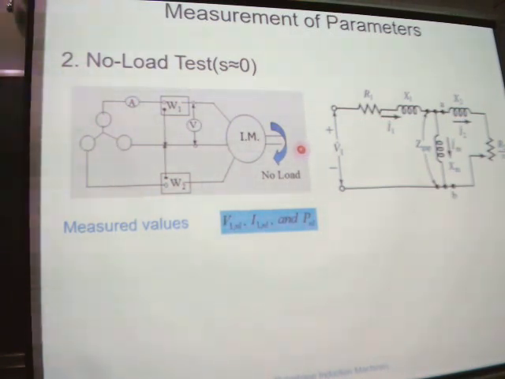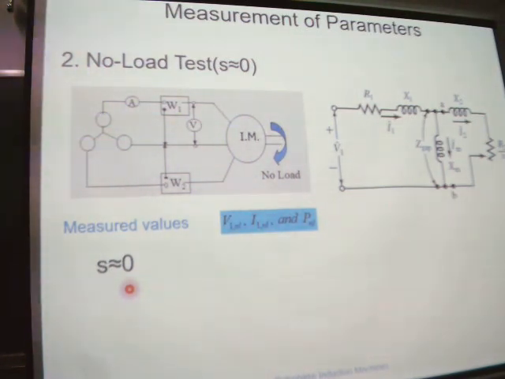The equivalent circuit at no load is given here, and this time the slip is about 0 because there is no load, so the real speed of the rotor we can think equals the synchronous speed, so the slip S is equal to 0.